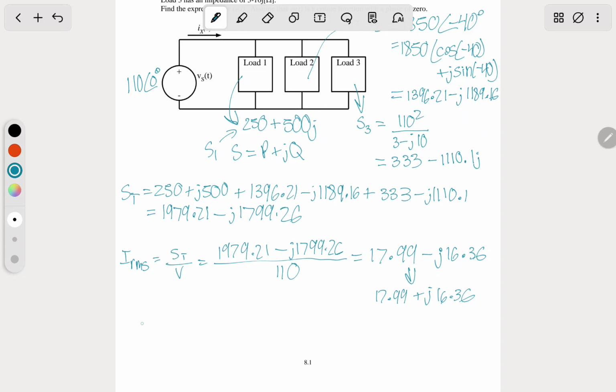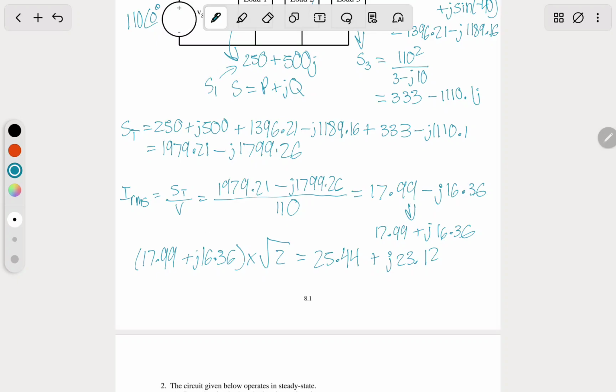Then we multiply 17.99 plus imaginary 16.36 by the square root of 2, which gives us 25.44 plus imaginary 23.12.